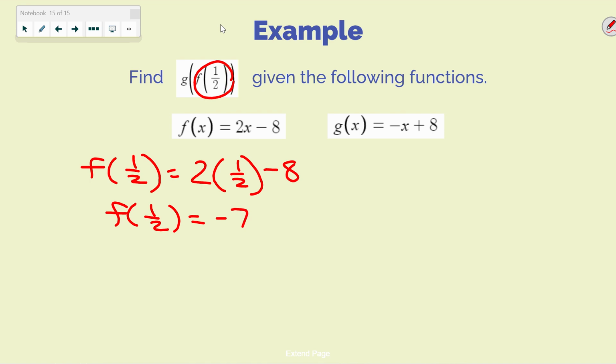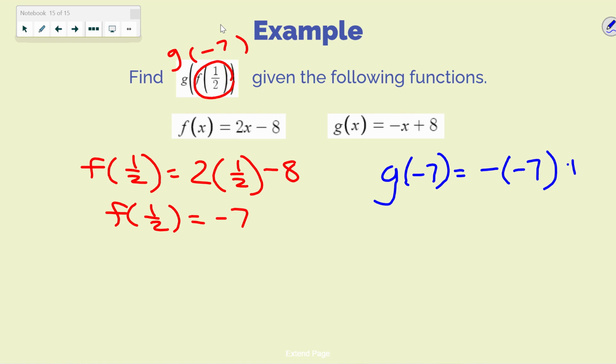Put that in g. F of 1/2 is equal to negative 7, which now tells me I'm finding g of negative 7. So I'm going to take my g function, and now I want to find g of negative 7. Same idea, I'm going to plug in and use parentheses around my values to figure out what that will equal.